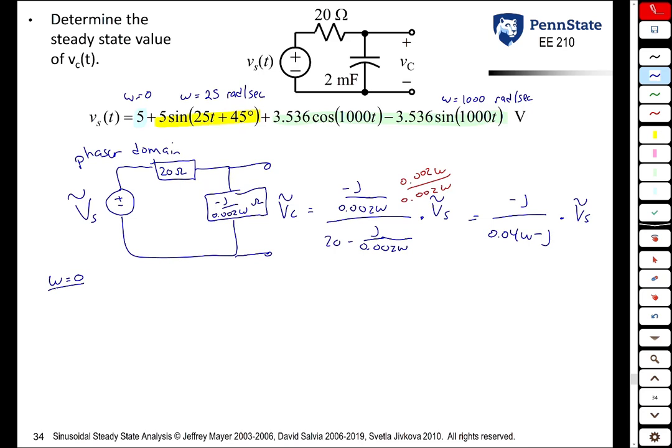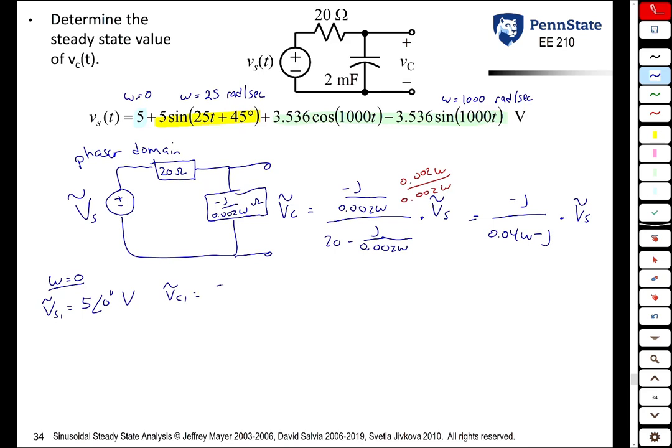The first situation is when the frequency is 0 radians per second. Vs1 tilde now is just 5 at an angle of 0 degrees volts. Vc1 tilde is going to be what?